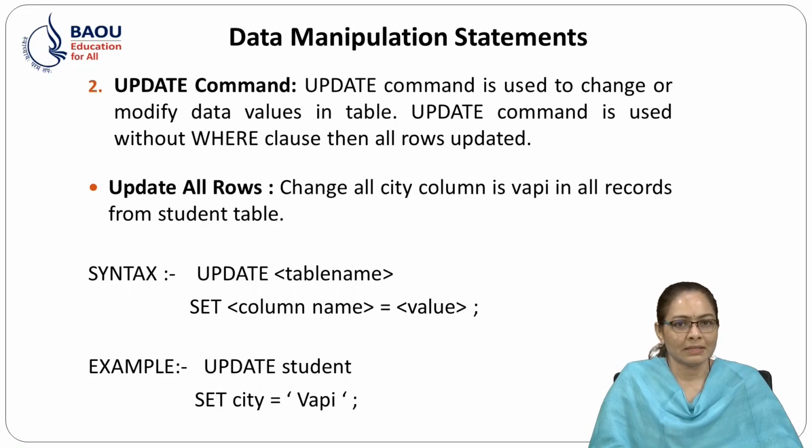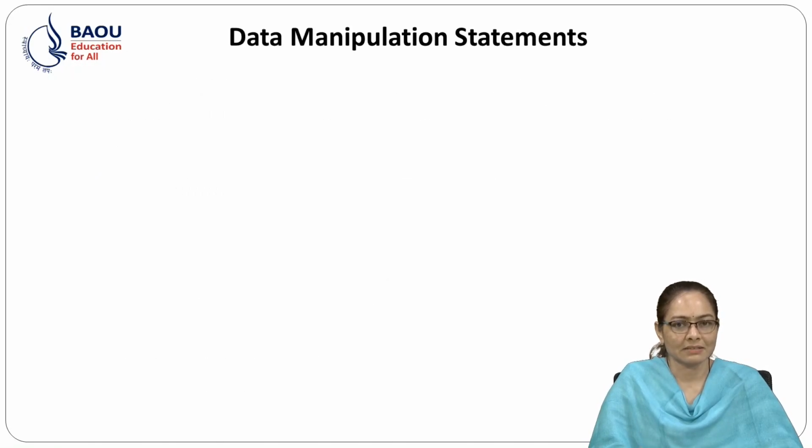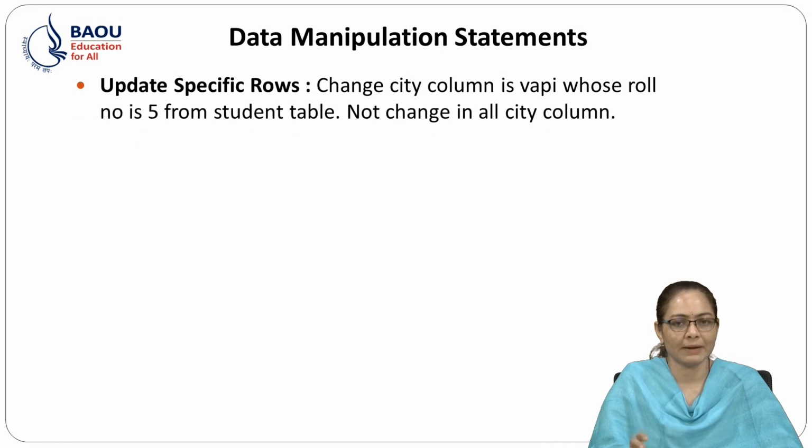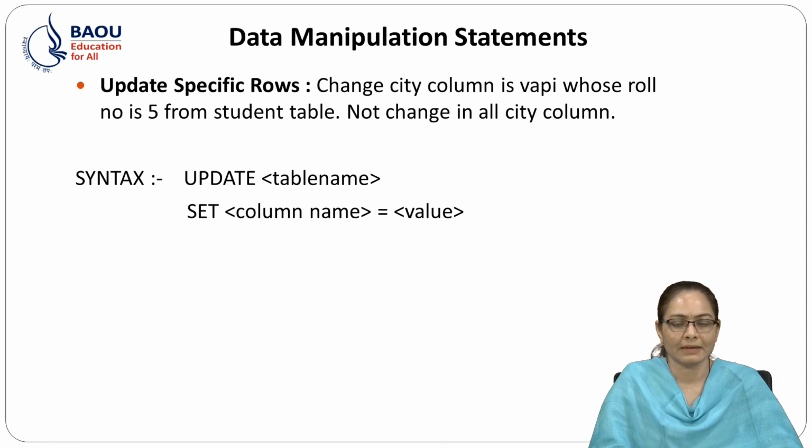Now next we see here the update of specific records. So change the city column to Vapi whose roll number is 5. A particular record is updated, not all the records. So in this, the syntax is update table name, then set column name is equal to value, then where condition.